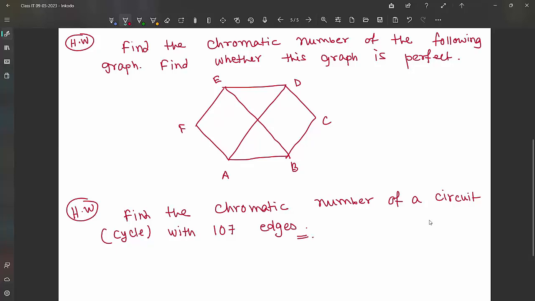Okay. Is there anyone who can say the answer? A cycle or circuit with 107 edges, what is the chromatic number of it?